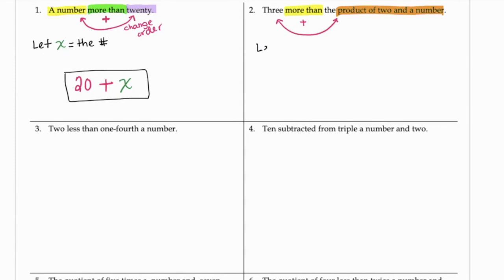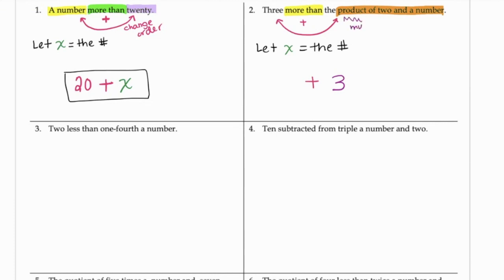I'm going to start with my let statement. So I'm going to stick with my X. Let X equal the number. Okay, so I know we're dealing with addition. I'm going to put my add in there. Now, whatever came in front, which was in this case 3 more than, that 3 goes in back of the addition sign. So we have 3 more than the product. What does product mean?